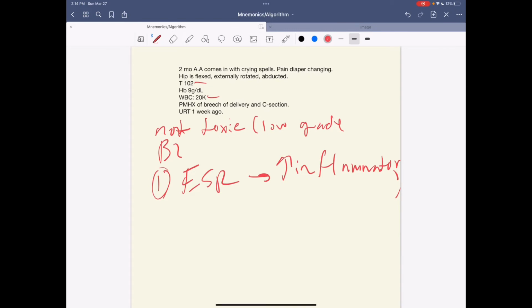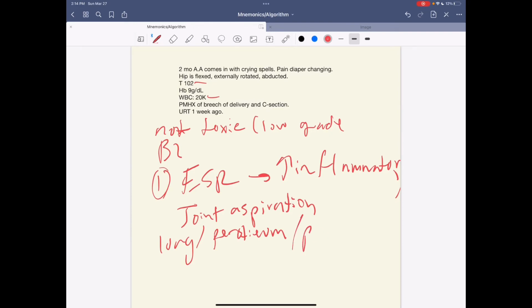And if they do give you a joint tap, a joint aspiration, anytime you have a fluid accumulation anywhere in the body, doesn't matter if it's the pleura, peritoneum, pericardium, you do an aspiration.